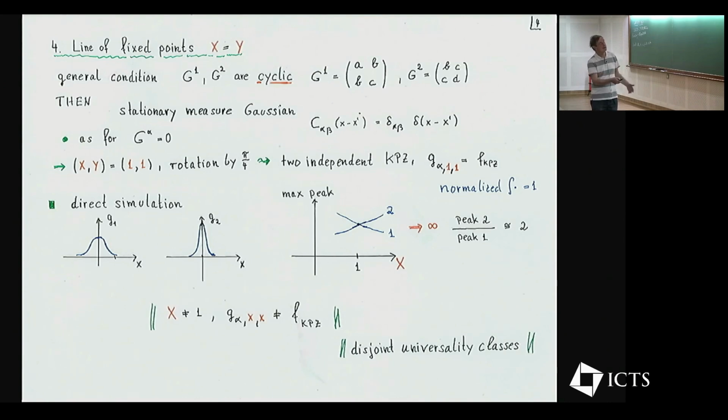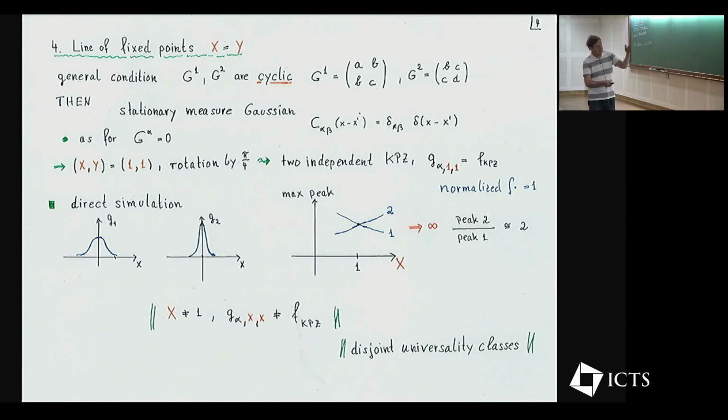You can look at, for instance, the maximal peak, and you see this is the point 1, 1, and then this one becomes somewhat higher and the other one lower. We did a lot of analysis of the case where we go to infinity, which has some simplification, and then you see that the ratio of these heights is 2.